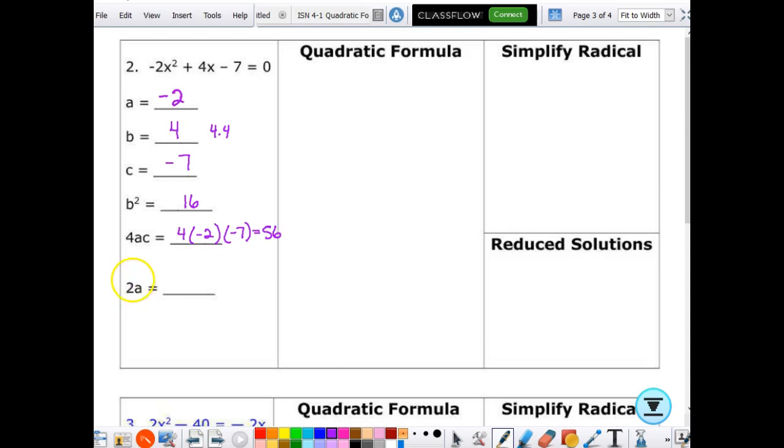Gotta practice up on some of those. 2 times negative 2 is negative 4. Quadratic formula, x equals negative b plus or minus the square root of b squared minus 4ac over 2a.